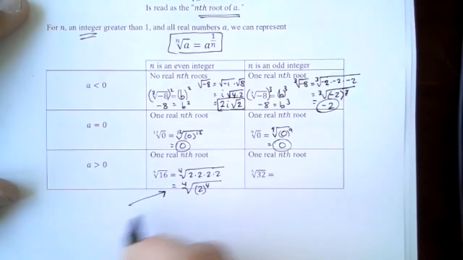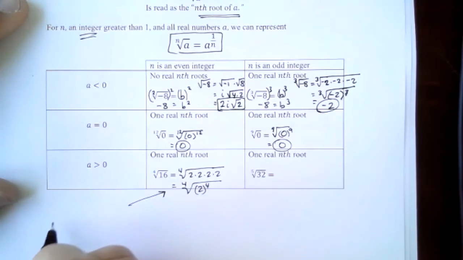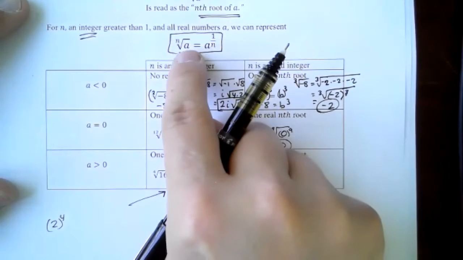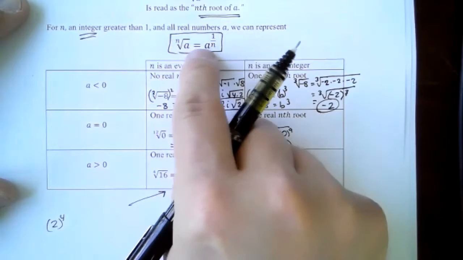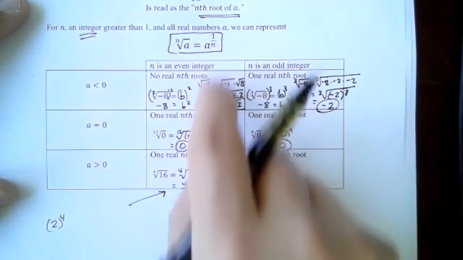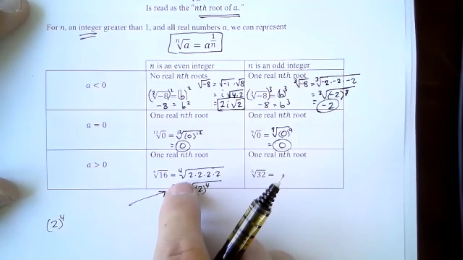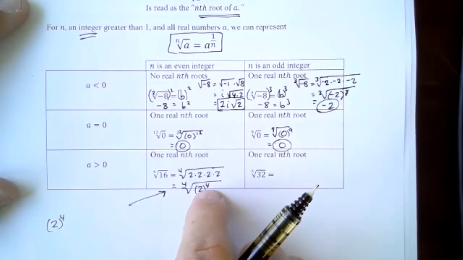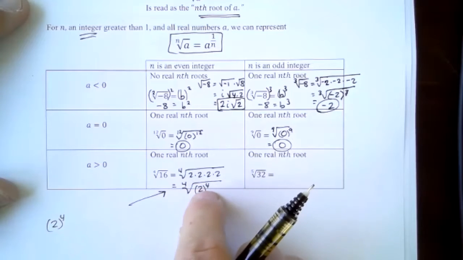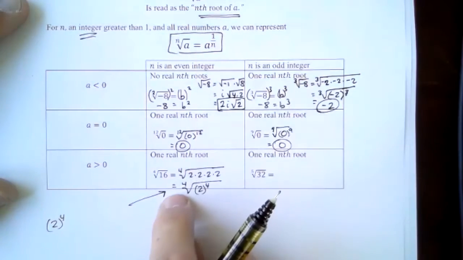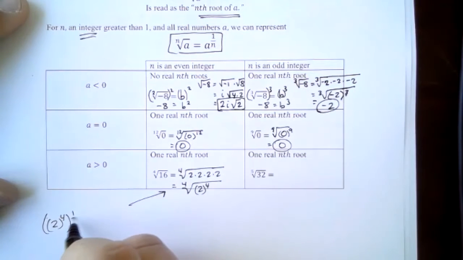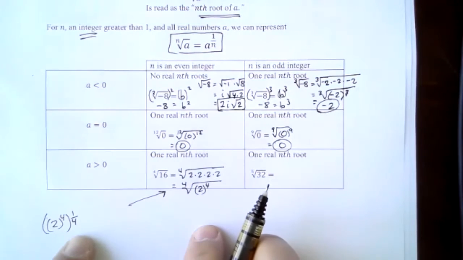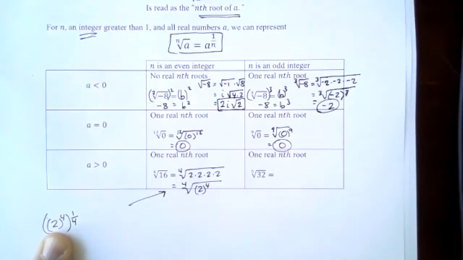Now, just a little side note here, why would they cancel each other out? Remember how we said the nth root of a is equal to a to the 1 over n. So this is the 4th root of this thing right here, so I'm going to raise this whole thing to the 1 over 4 power. This goes back to what we learned yesterday, which is the multiplication of exponents.